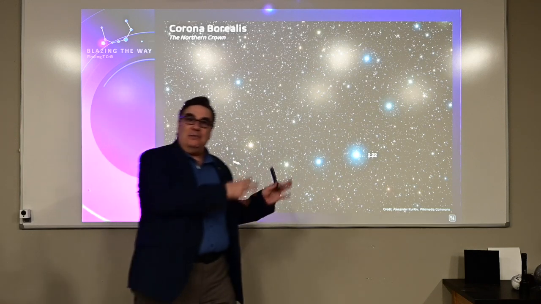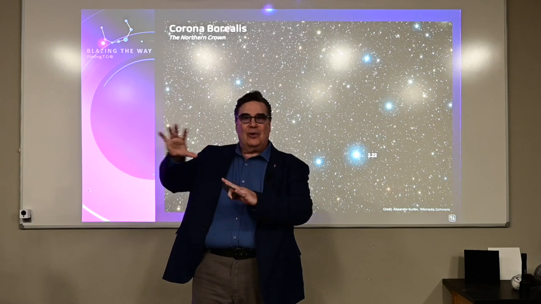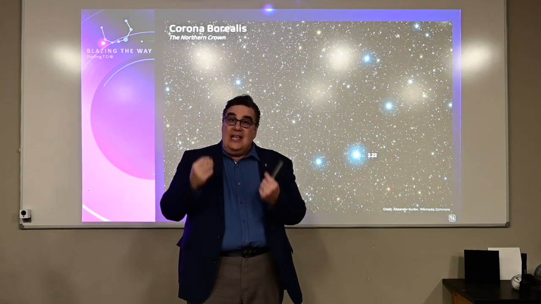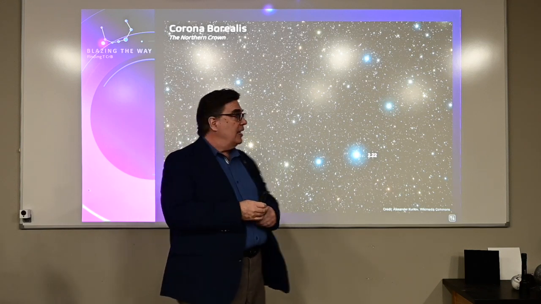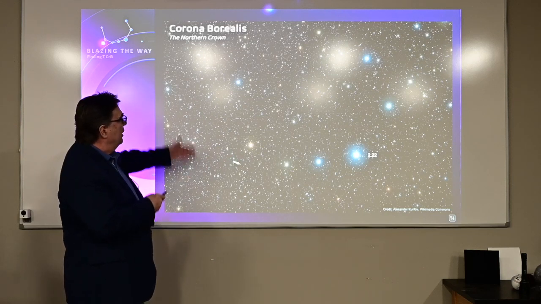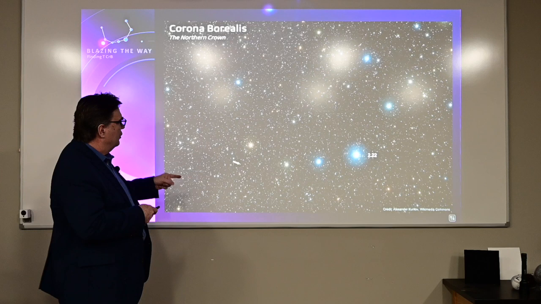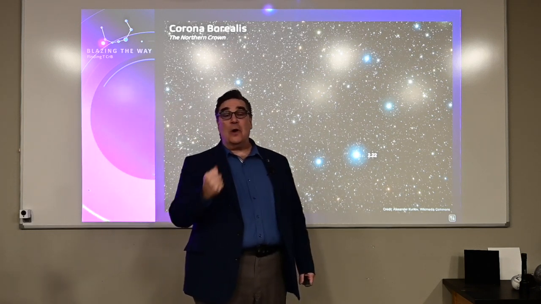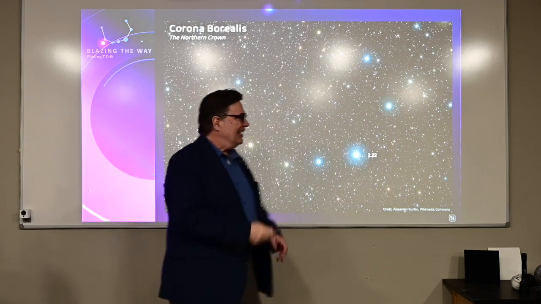So while this might be difficult to locate the exact area of T Coronae Borealis right outside of the constellation of Corona Borealis, if that star has gone nova, it'll be a piece of cake to see. It will be this bright, and you'll see a new star appear right to the side, the left side of the bowl of Corona Borealis. This is why astronomers are so excited to see this new star appearing in the sky.